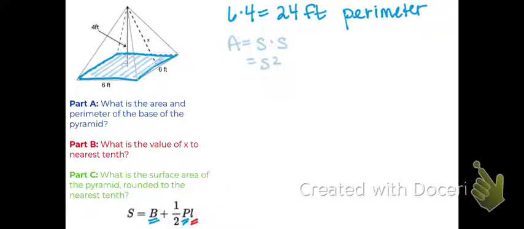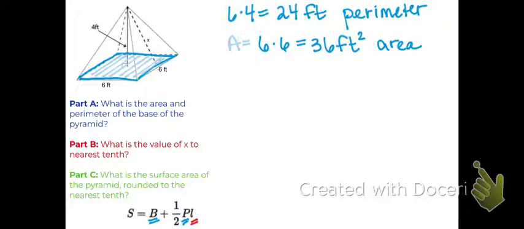So for this one, the side length is 6. So the area is 6 times 6, or 6 squared, which is 36. And since we're multiplying 6 feet times 6 feet, it would be 36 feet squared. So that would be your answer for part A.